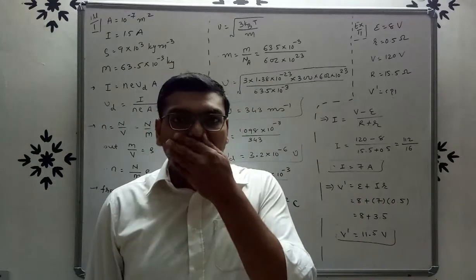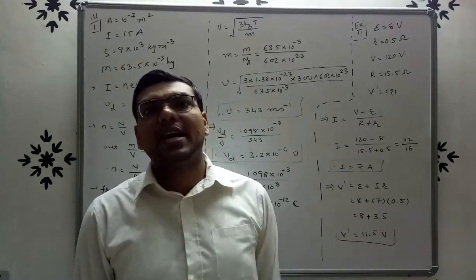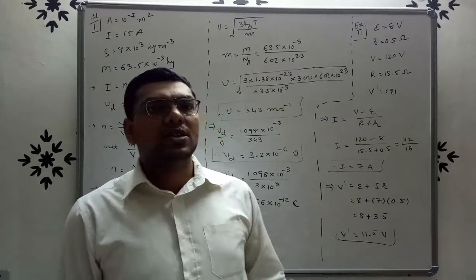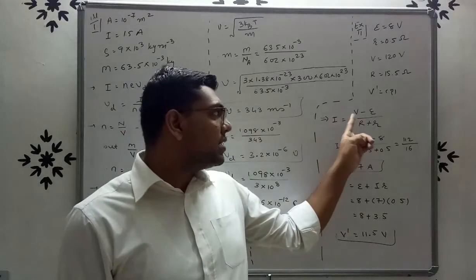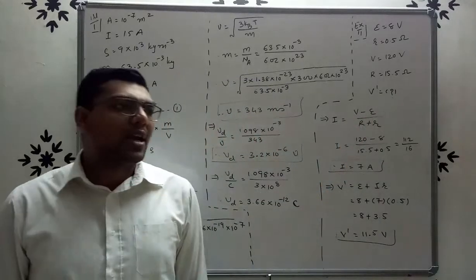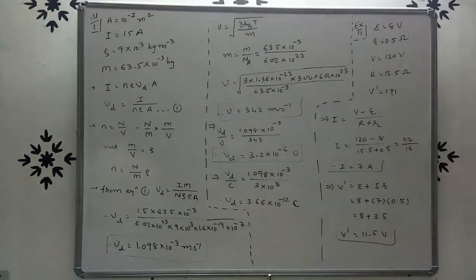So we know that terminal voltage V is equal to E plus Ir, but to find out the value of current during charging, we use the formula I is equal to V minus E upon capital R plus small r, right? So you have to remember this formula, friends.